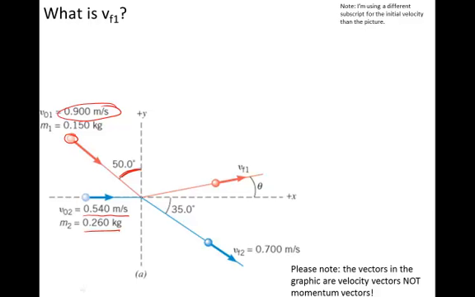They collide right there, and the blue object bounces in this direction at 35 degrees with the velocity of 0.700 meters per second. We want to find the final velocity of the red object and the angle relative to the horizontal.